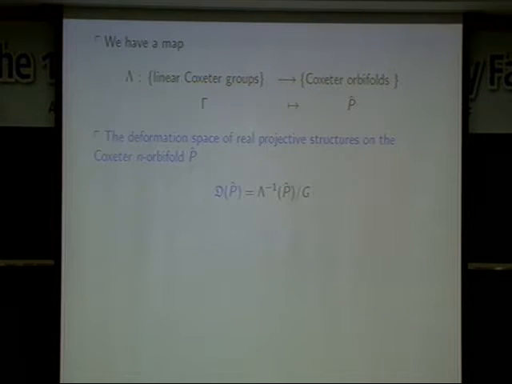So the deformation space of real projective structure on the Coxeter orbifold is the following: we fix the Coxeter orbifold, take the obvious conjugation action, and quotient by this conjugation action, and we call this the deformation space of real projective structure on the Coxeter orbifold.